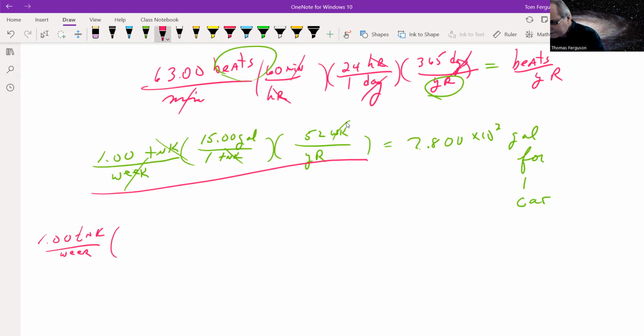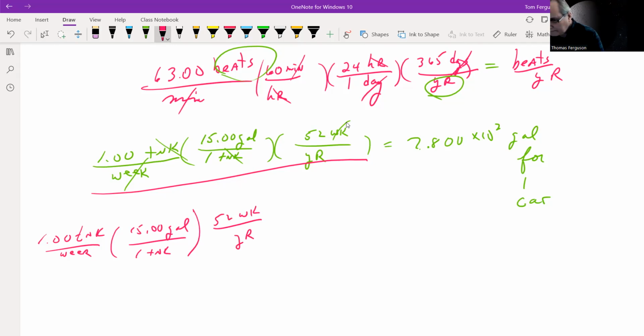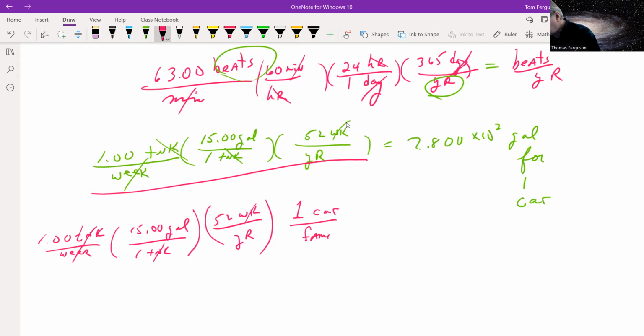Now you can also just substitute in, and now we need to find out how many cars there are in the United States. Okay, so we have one car per family.